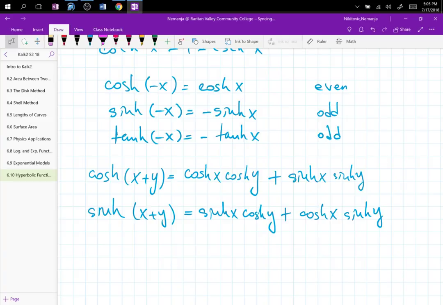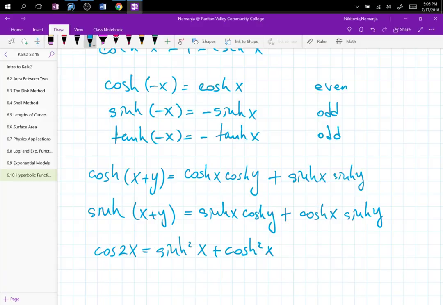Then we have the double angle identity. Cosine hyperbolic 2x is equal to sine hyperbolic squared x plus cosine hyperbolic squared x. You did not expect this one. Because look, wouldn't that be, if it was trig, equal to 1? So now you actually see that these formulas are kind of reversed.